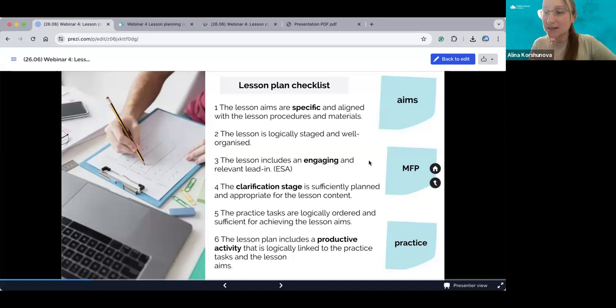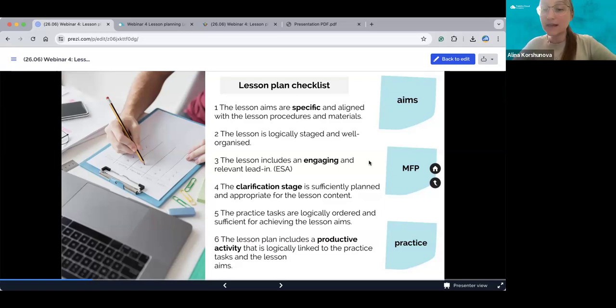So everything starts with engaging our learners. Whatever we do, whatever framework we choose, whatever we teach, we need to make students interested in the topic, to make them curious about the topic. If they are motivated and engaged, it will be easier for you to work in class. So if you have this engaging lead-in, it's half of your success. Yes, it's key to your success.